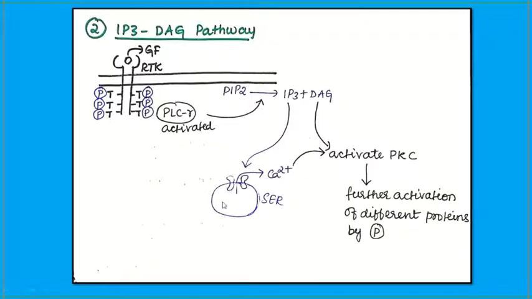Calcium ions from the SER will come out into the cytoplasm. The calcium ions along with DAG will activate protein kinase C, and since it is a kinase, it will phosphorylate proteins further and cause their activation. So this IP3-DAG pathway is exactly the same as in the G protein coupled receptor, except for how phospholipase C is activated. Only that part is different. Other than that, we have already seen all the pathways in detail.